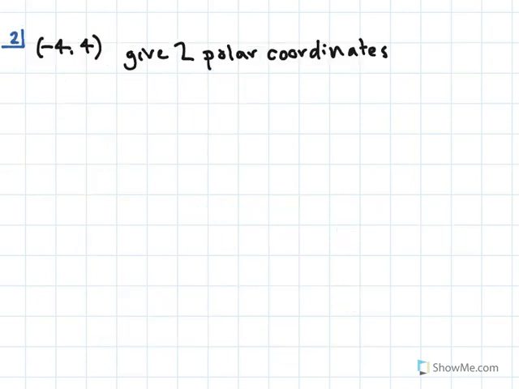In this question, we're given the rectangular coordinate (-4, 4), and we're asked to give 2 pairs of polar coordinates for the point, staying on the interval between 0 degrees and 360 degrees.